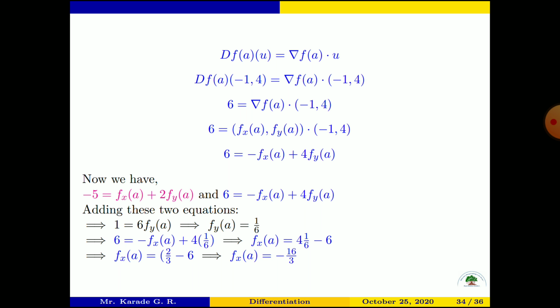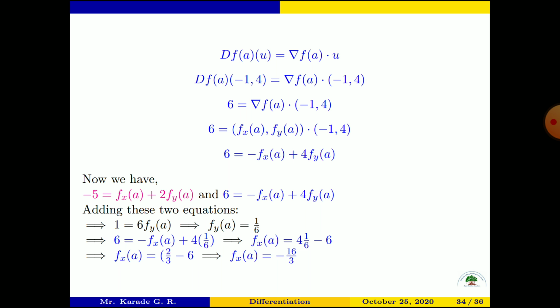Now we have two equations. The first equation is minus 5 equals fx at A plus 2 times fy at A, and the second equation is 6 equals minus fx at A plus 4 into fy at A. If we add these two equations, then we get 1 is equal to 6 times fy at A. So fy at A is equal to 1 upon 6.